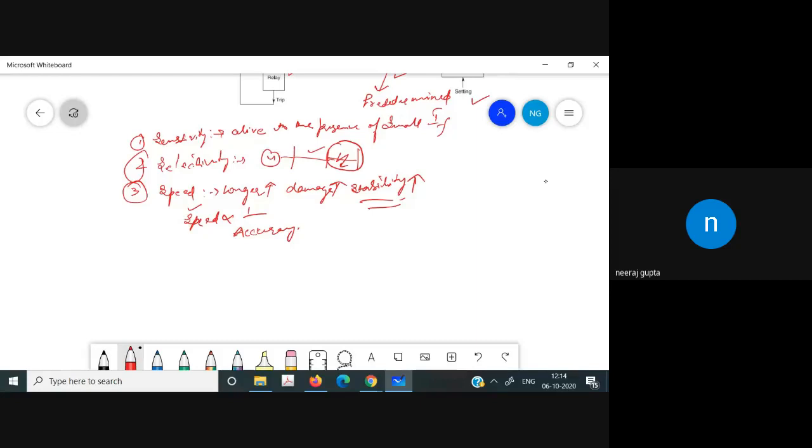This is due to the fact that high speed systems have much less information than slow speed systems. So it is the responsibility of the protection engineer to strike the balance between the speed and the accuracy.